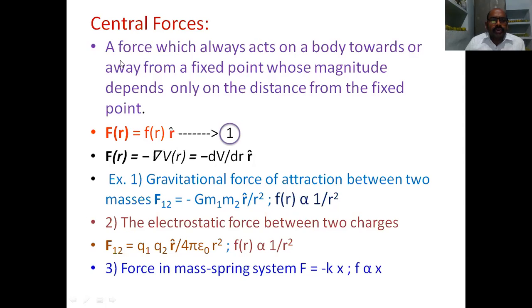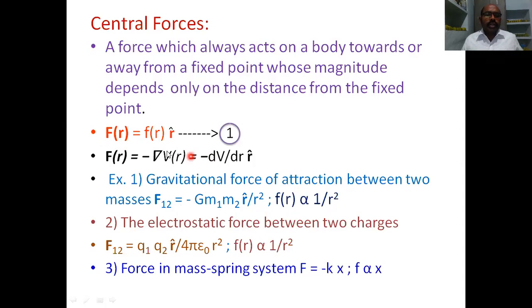The example for central forces is gravitational force of attraction between two masses m1 and m2. That is given by this equation, F12 is equal to minus G m1 m2 r cap by r square. It is a vector quantity.